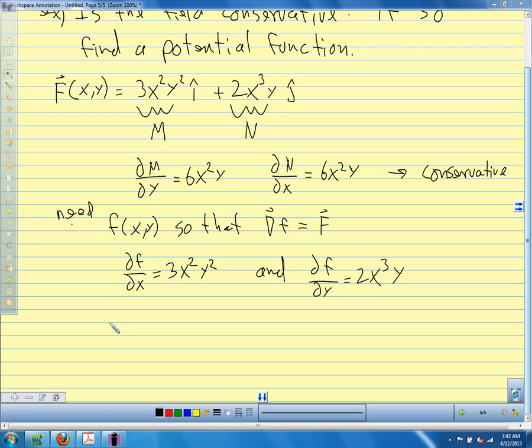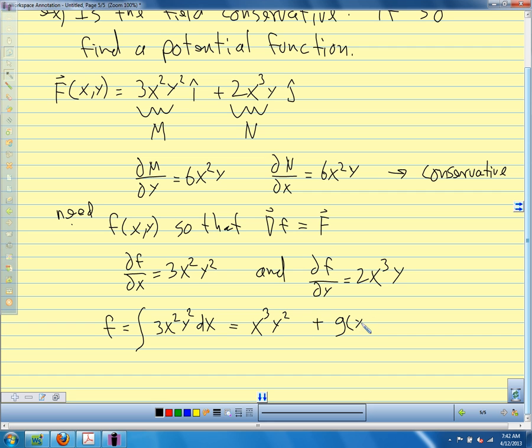So f has to equal the integral of 3x squared y squared dx. If I take the integral of that with respect to x, I get x cubed y squared. Now we have to be a little bit careful here. We're taking the integral with respect to x, so our constant of integration could be some function of y.